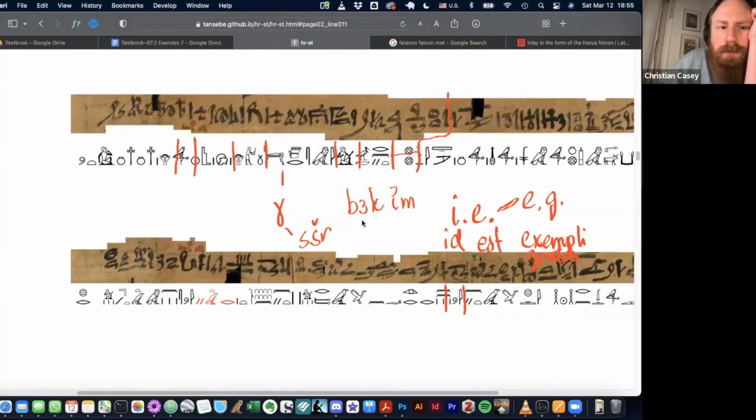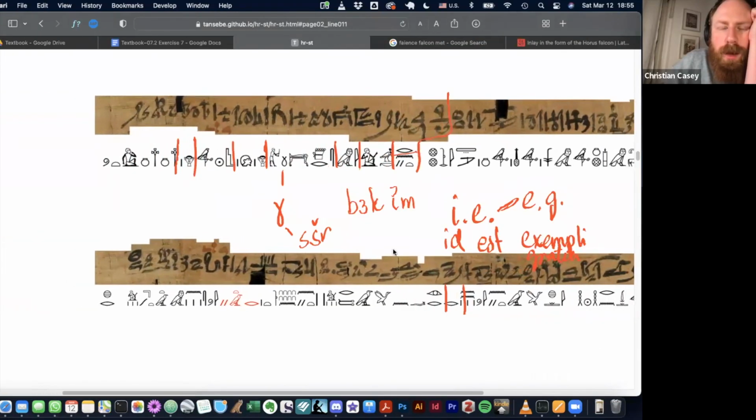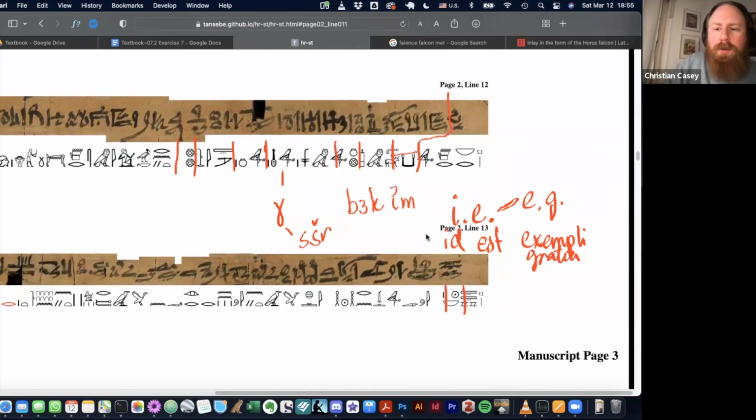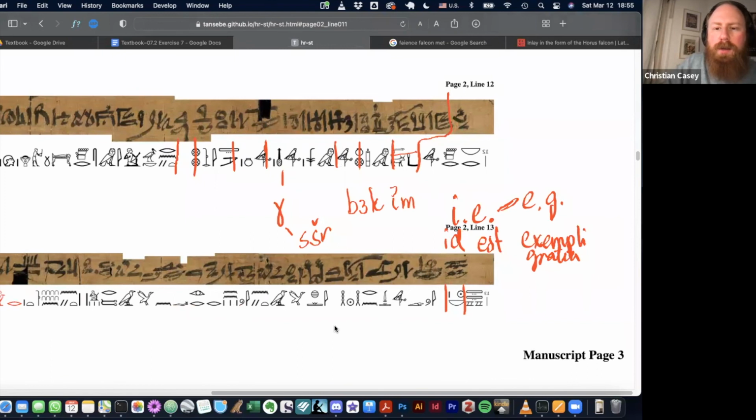Yeah, that's something like what I would say too. It's like, I am spending all night with Osiris, inquiring after the two lands every day.